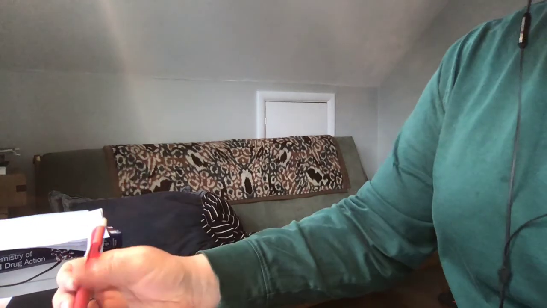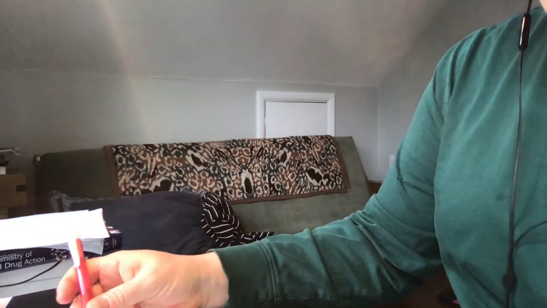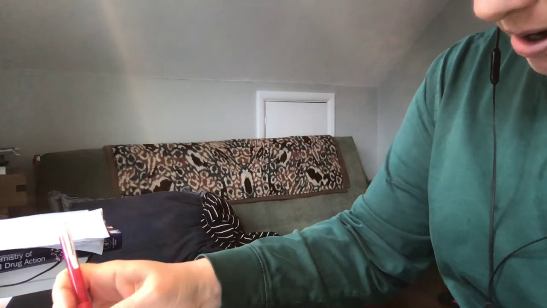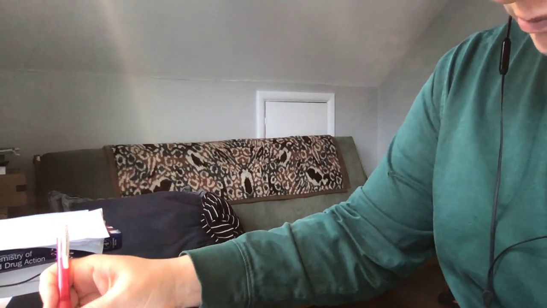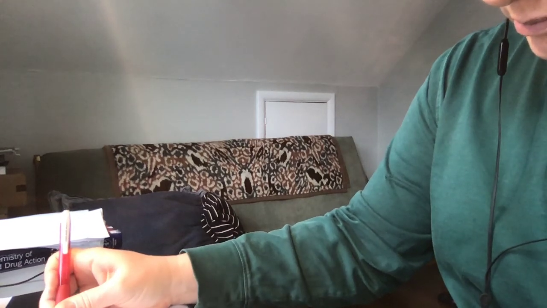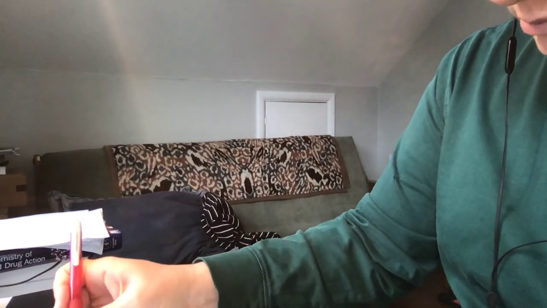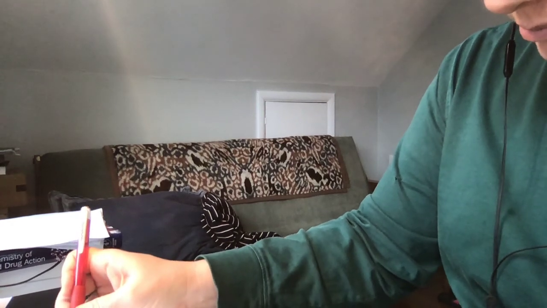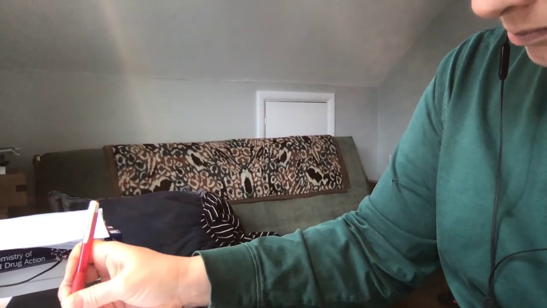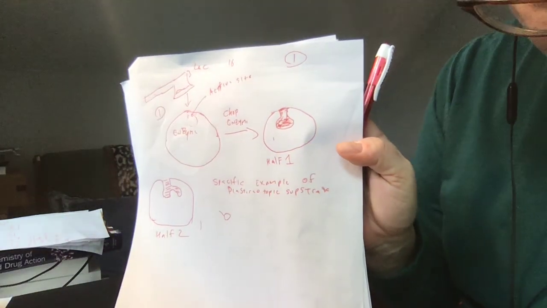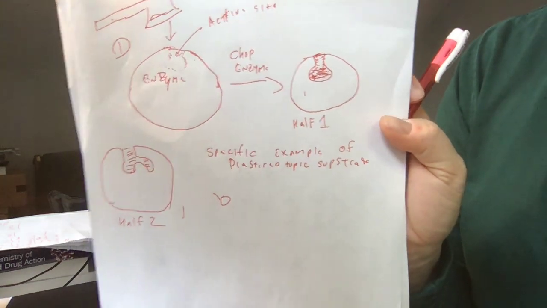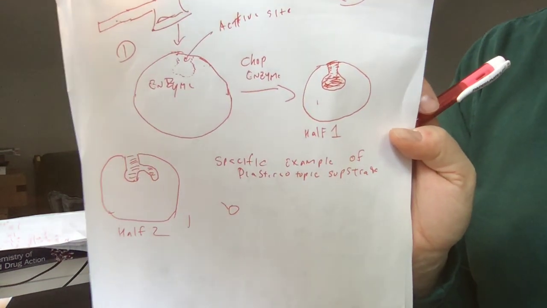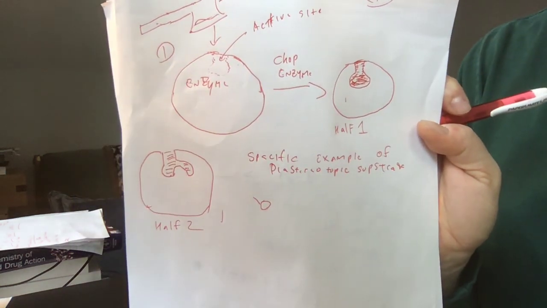Now, if we look at a specific example, let's say that we have some molecule. We're going to make a specific example of what I'm calling a diastereotopic substrate. And what that means is that it's a substrate that has two protons that are actually in chemically distinct environments.